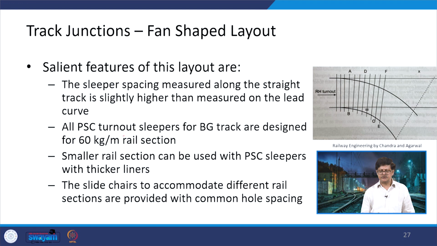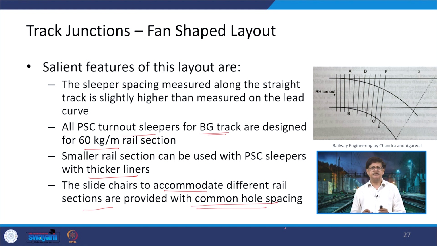All PSC turnout sleepers for broad gauge are designed with 60 kg per meter rail sections. Now, smaller rail sections can be used, but we need an additional thing in terms of thicker liners. The slide chairs to accommodate different rail sections are provided with common hole spacing. So, that means in the same type of slide chair, different sections can be adjusted easily.